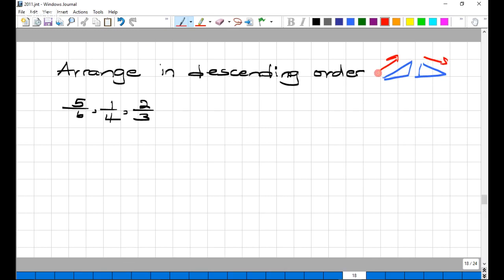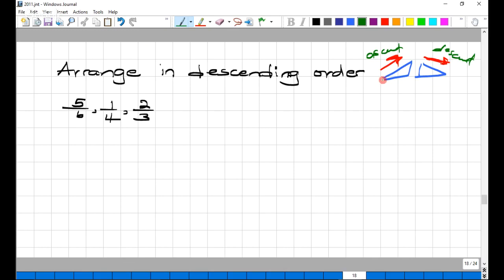The one on the left. No, sir. This one is ascending, and this side is descending.